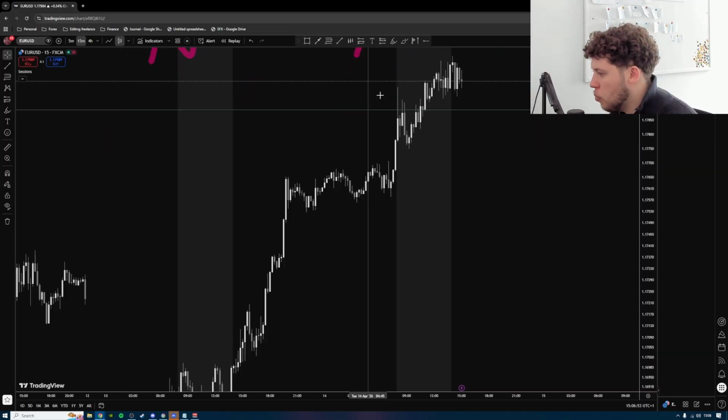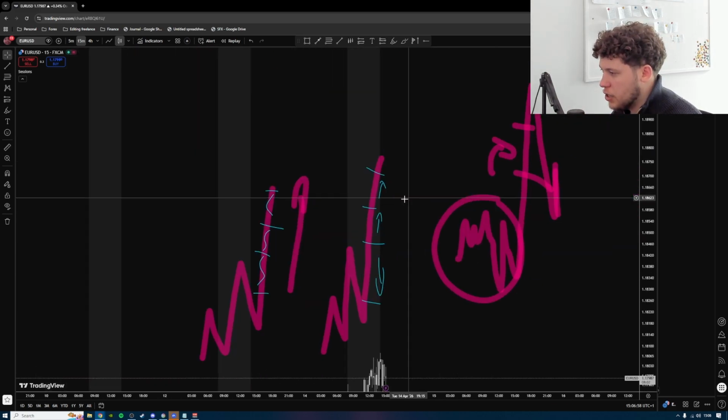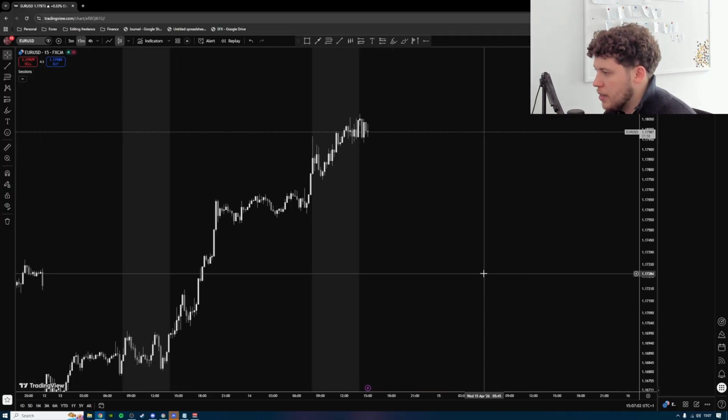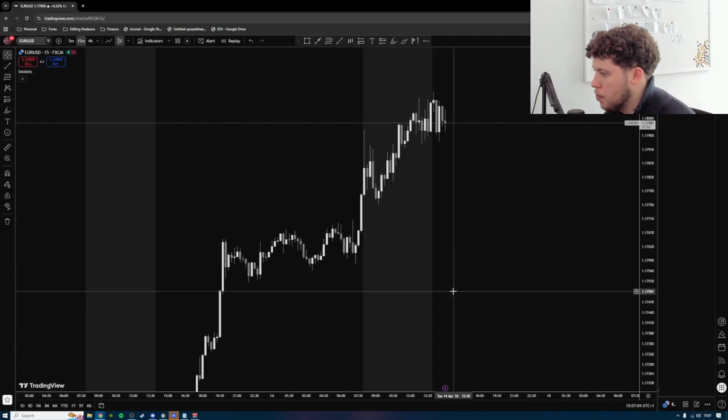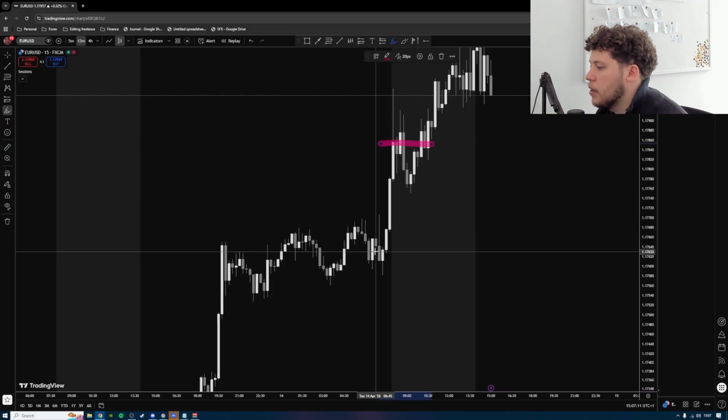So what does that look like? Well, this would be a great example. If I just remove this, so it's a bit clearer, there we go. This would be a great example here because we actually have more than 3, but 3 is the important one. 3 that break the structure. So we've got 1, 2, 3.